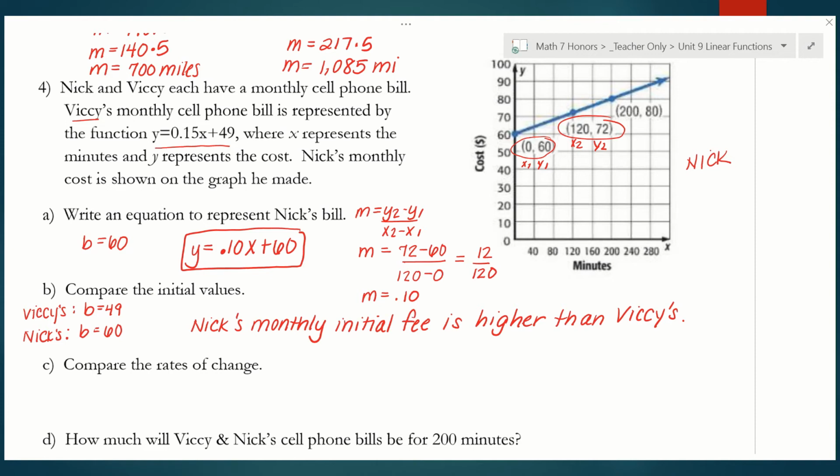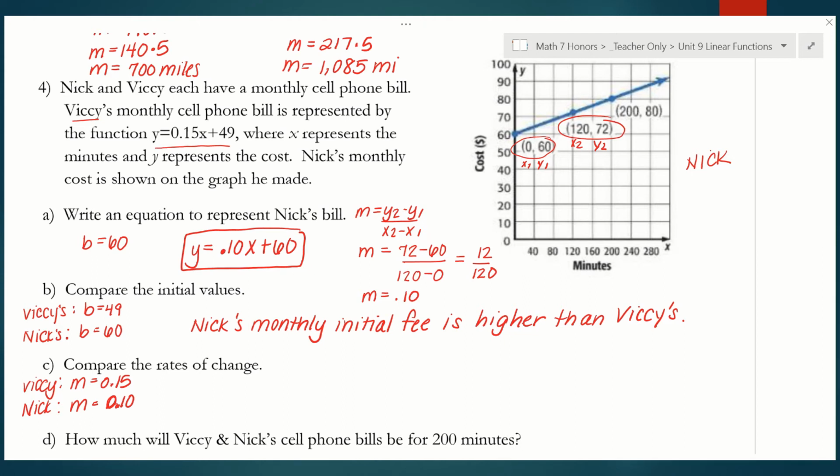Okay, so part C says compare the rates of change. So again, let's look at their equation. So Vicky's rate of change, which again is the slope, is 0.15, and Nick, we found, is 0.10. Okay, so what does this mean? Well, rate of change is a something per something.